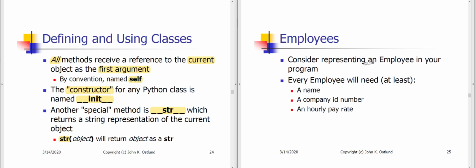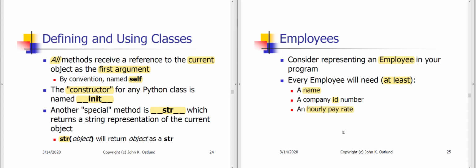Let's imagine, for example, that we want to write a human resources application in which we want to be able to create and interact with employee objects. Okay, so we think about what do we need to know about each employee that we have. Well, at least we're going to want each employee to have a name, and we're going to assign a company ID number to each employee, and we're also going to want to have an hourly pay rate for each employee.